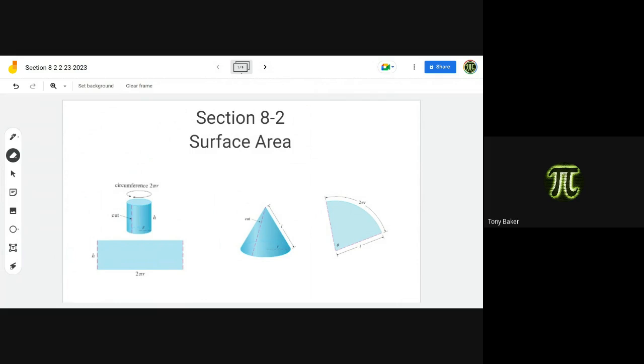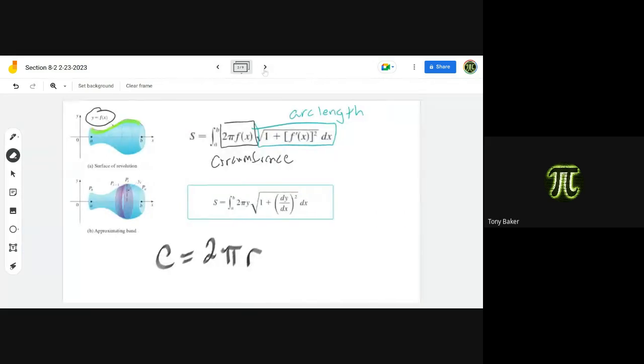All right, so we looked at arc length on Tuesday. The arc length formula is the square root. Actually, it's right here. It's the square root of 1 plus the derivative of f of x squared. That's the arc length formula.